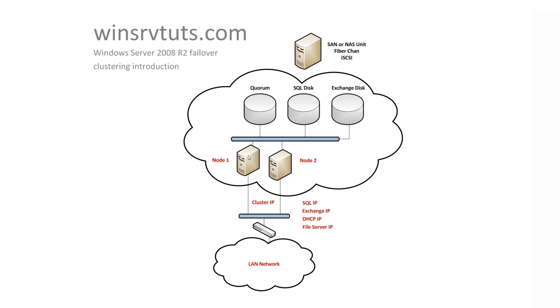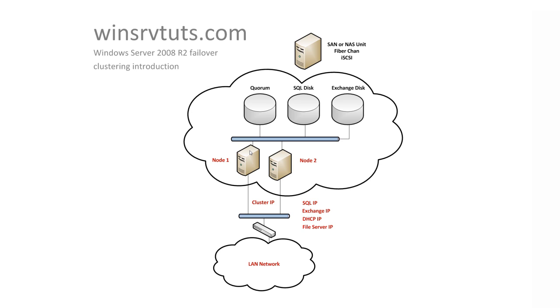And that is referred to as fail back. So we have fail over when a cluster node goes down, and we have fail back when the cluster node comes back up.